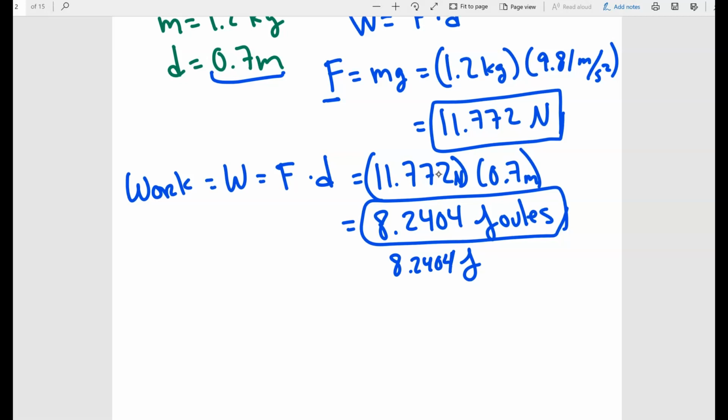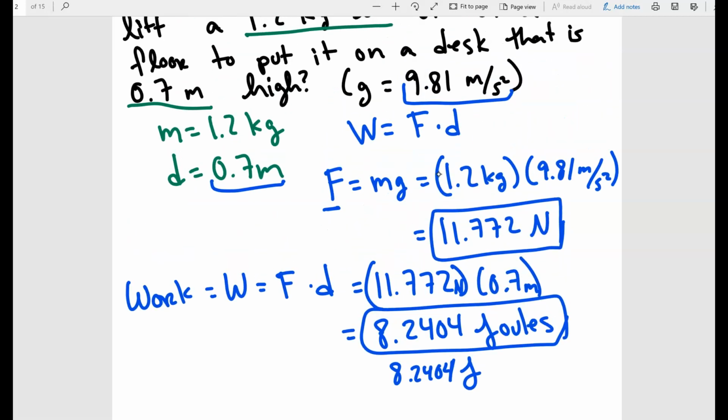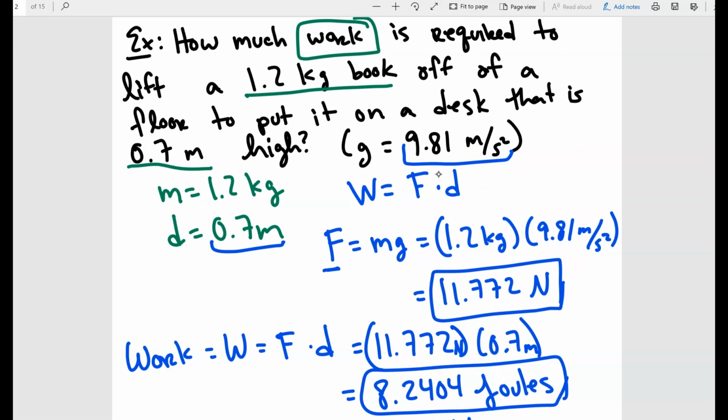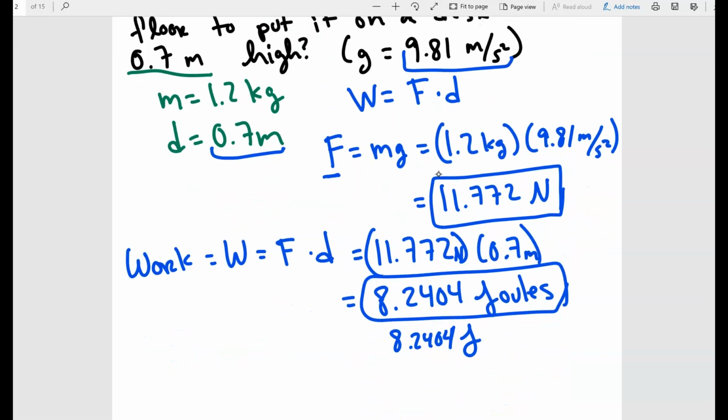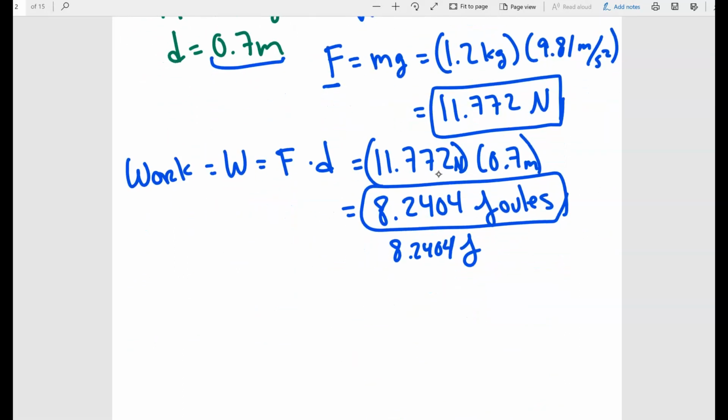So this is basically one of the easiest problems for work, because work in this case is constant. Now, work is not always going to be constant. Sometimes the force is going to be changing for every movement, for the distance that I travel.